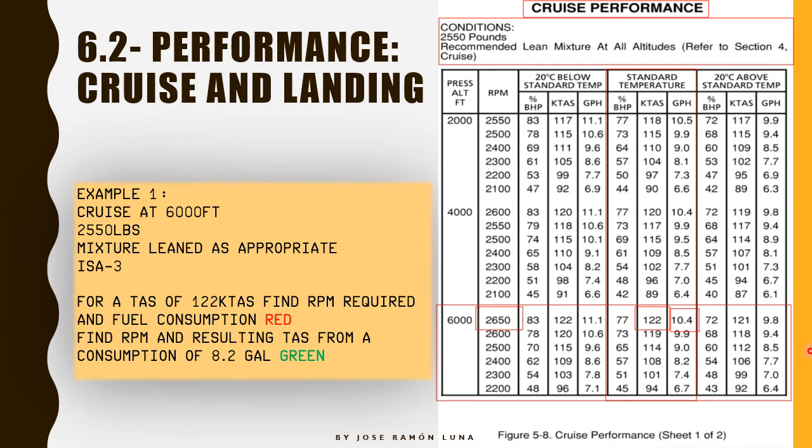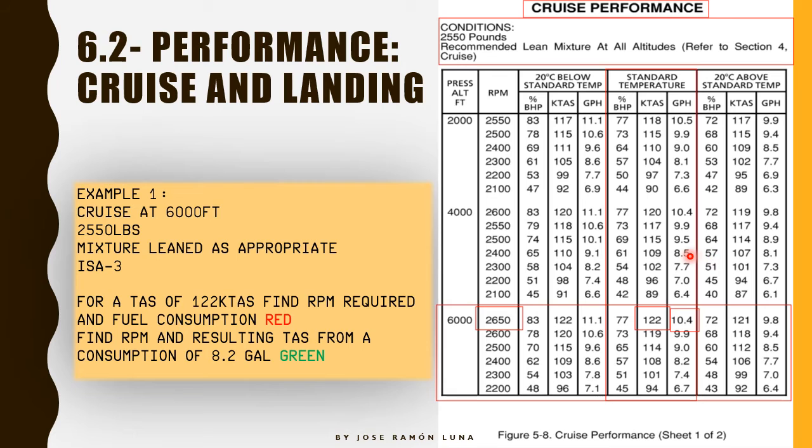They give us a fuel consumption of 8.2, and they are asking for RPM and resulting true speed. When can I use this example? Well, imagine you want to burn the least fuel possible, or you want to burn a maximum amount of fuel per hour, and that amount of fuel per hour is 8.2. For planning purposes, for 8.2, you might want to know which is the best altitude for you.